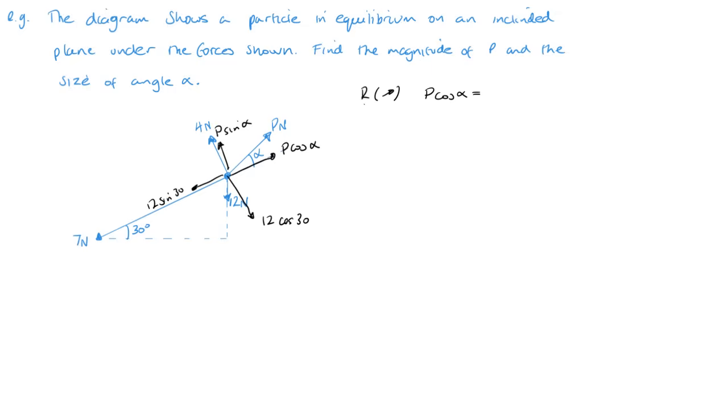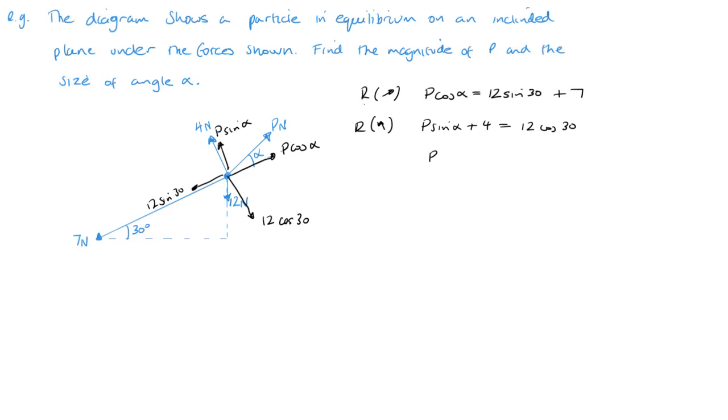Going down the slope, I've got 12 sine 30 plus that 7 newtons down here. And then resolving perpendicular, I've got P sine alpha plus 4 equals 12 cos 30.